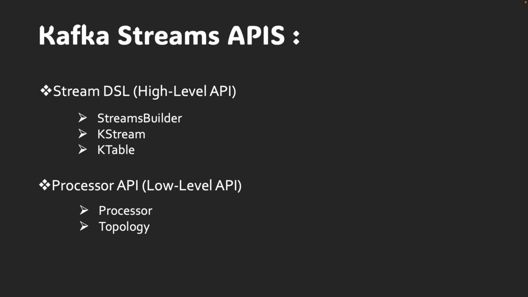However, the Stream DSL is just an abstraction on top of the Processor API where you can simply define what to do and the how part will be taken care of by Kafka Streams. You don't need to hit your head to understand how to create processors and topology if you are using the Stream DSL high-level API. Again, I repeat, you don't need to get tense hearing this terminology. You will understand everything in detail.